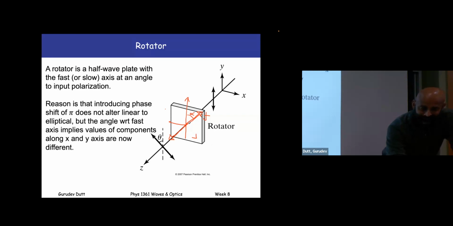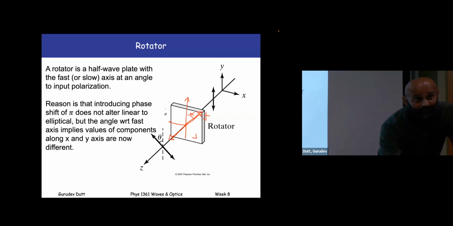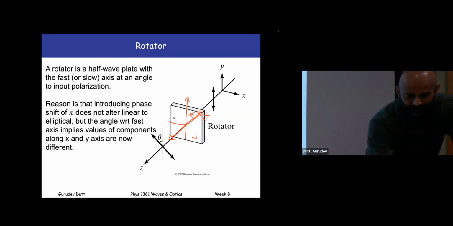So what I'm saying is that now the component along the slow axis remains the same, but the component along the fast axis flips by 180 degrees, or to the negative side.